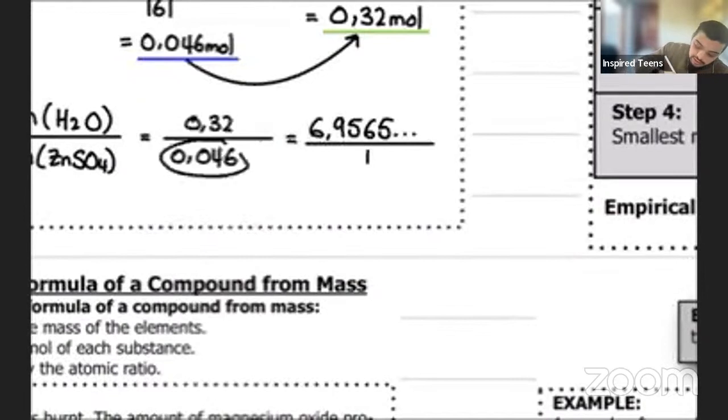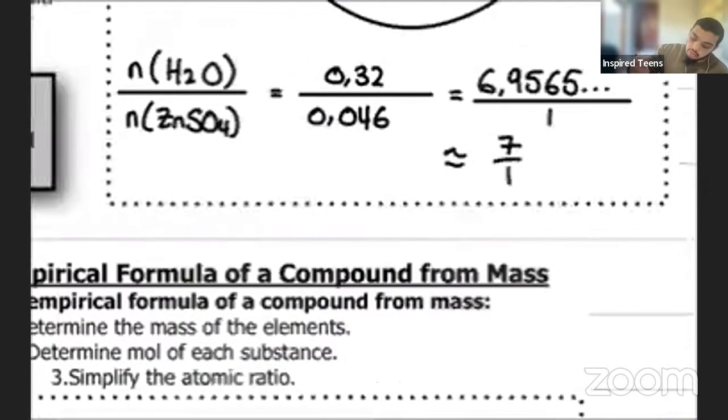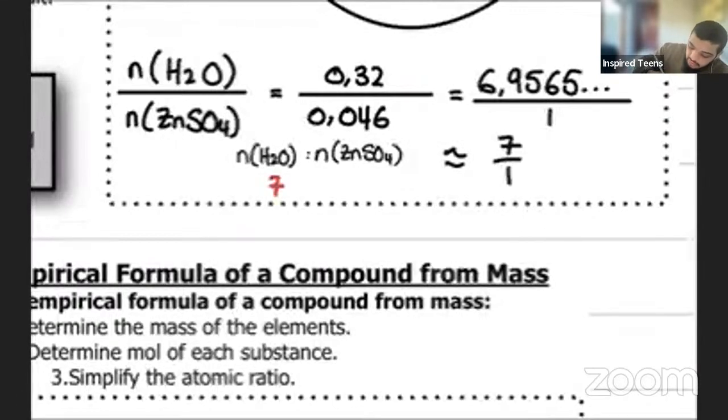Because obviously 0 comma 046 goes into itself once, and it goes into 0 comma 32 6.95657 times, which is approximately equal to 7 over 1. So if you want to rewrite this as a ratio, which would be ideal, the ratio of H2O moles to the ratio of ZnSO4 moles is a ratio of 7 water molecules to 1 ZnSO4.